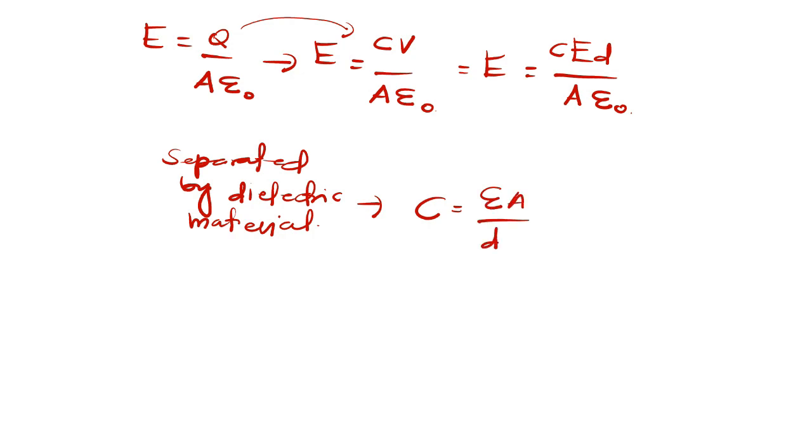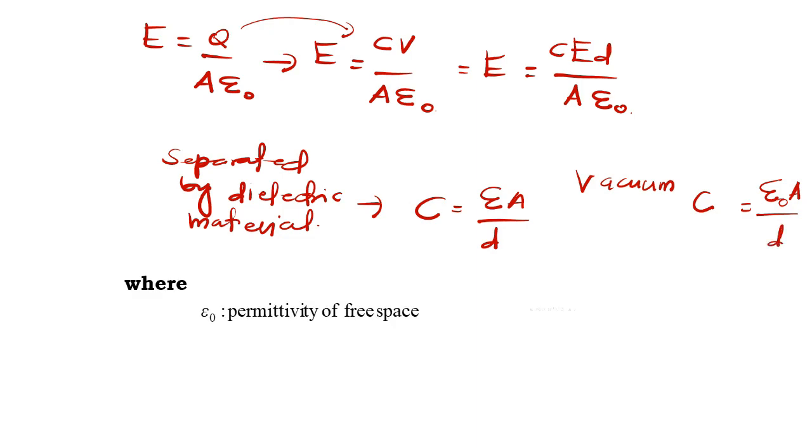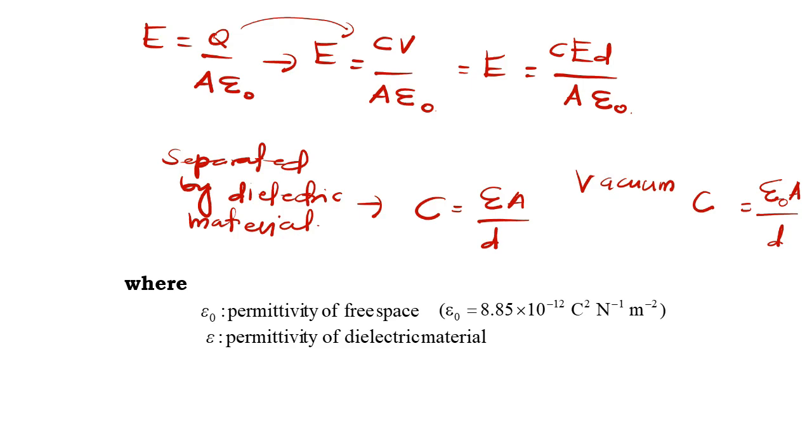Or if the case is separated by vacuum, you can use the formula C equal to epsilon naught A over d. So epsilon naught refers to the permittivity of free space, epsilon is the permittivity of the dielectric material, d is the distance between the two plates, and the last is area, which is A, the area of each plate.